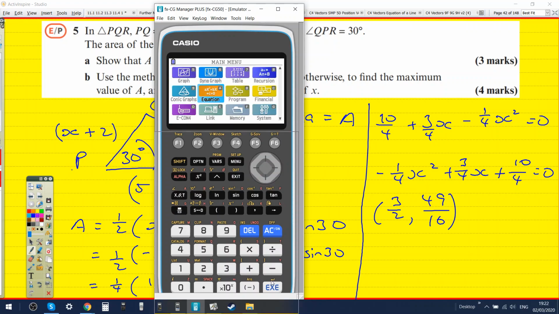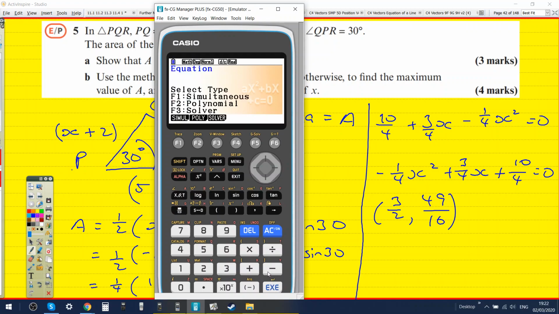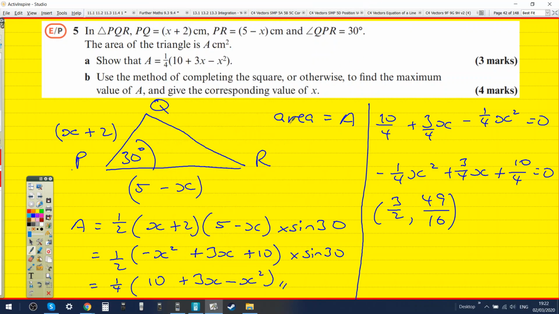Equation, polynomial, degree 2. Let me just go with what I already have there. So with the simpler calculator, the polynomial also gives you the maximum. With the graphical, it looks like you'd have to actually do a graph for it.